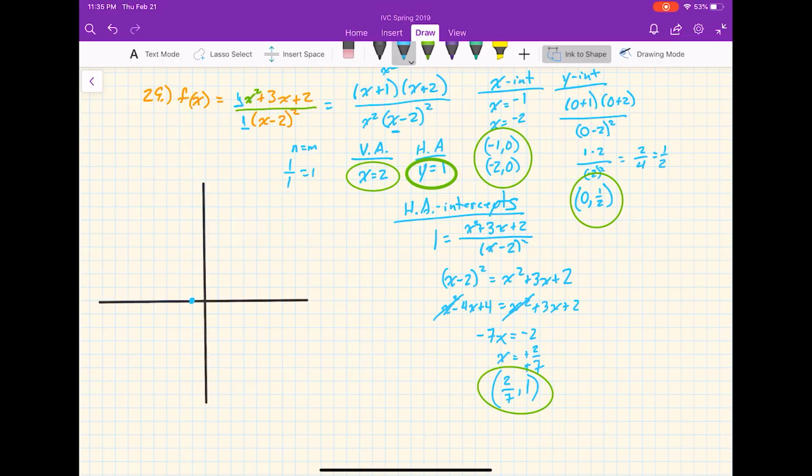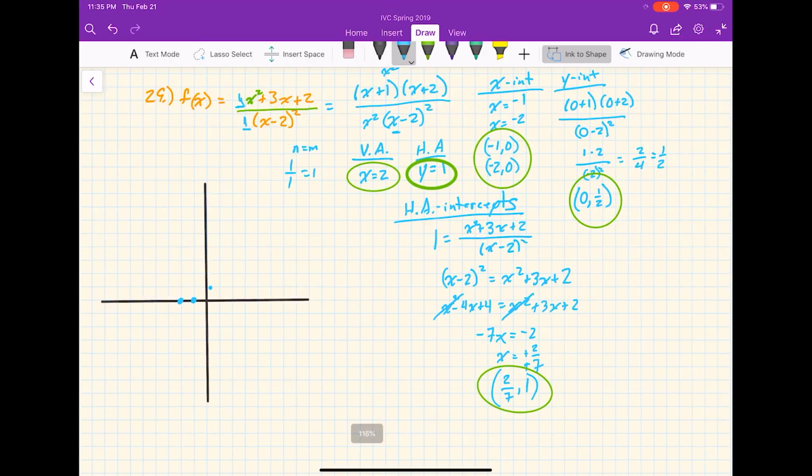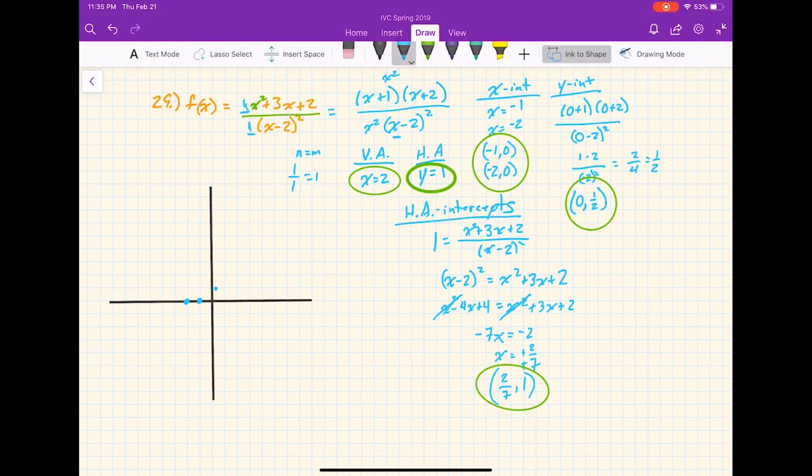Let's draw the intercepts. So I have negative 1, 0, and negative 2, 0. Then, of course, I have this 2 sevenths, 1, so it's barely off the y-axis there, but at 1. Then I have 0, 1 half. So I have a whole bunch really, really close.